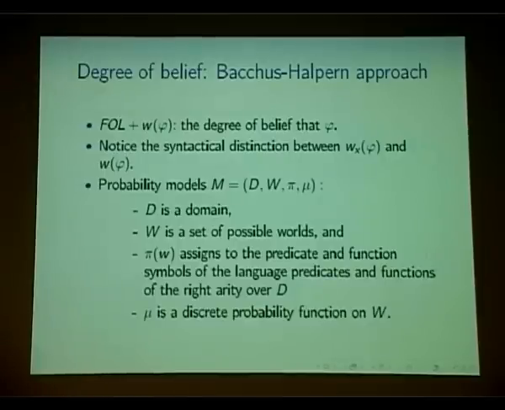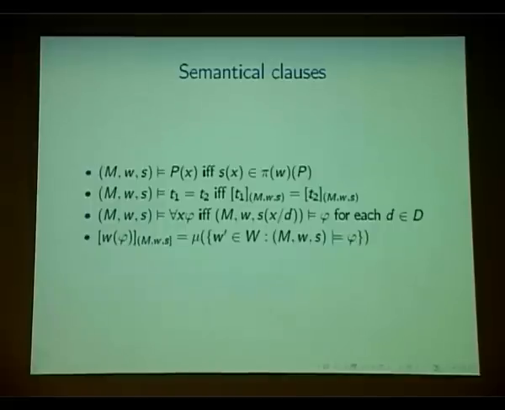So the clause which again matches the clause of the statistical probability approach is the last one, which says the value of the sentence phi in a given model is just the probability of the possible worlds which satisfy it.